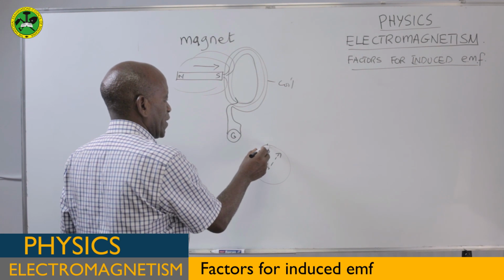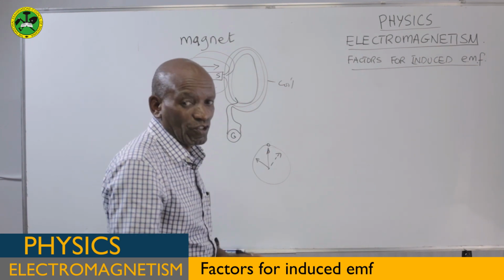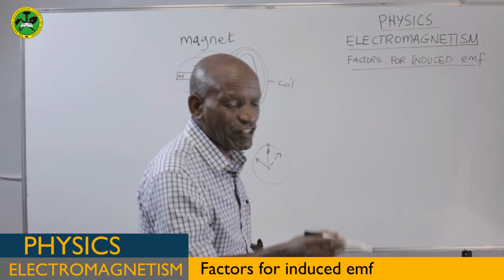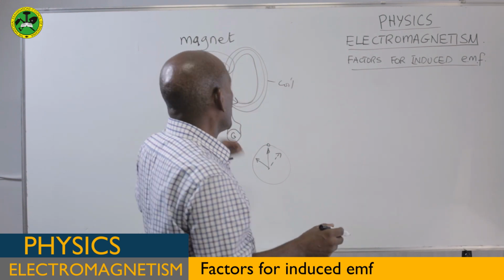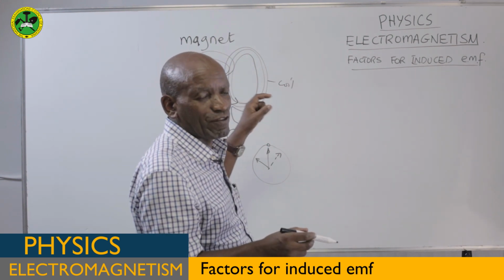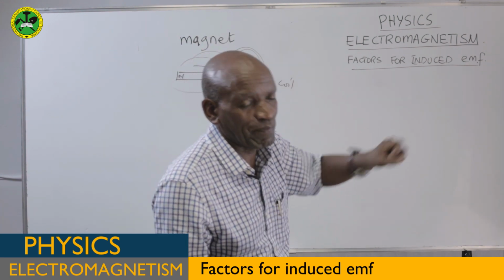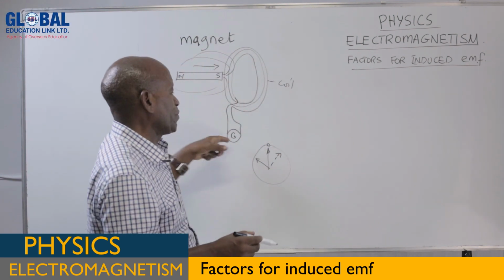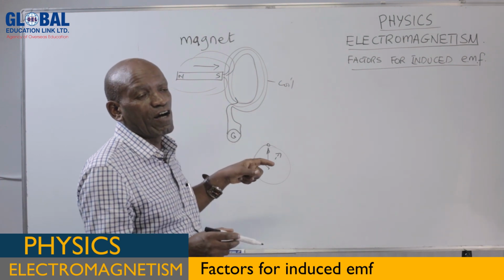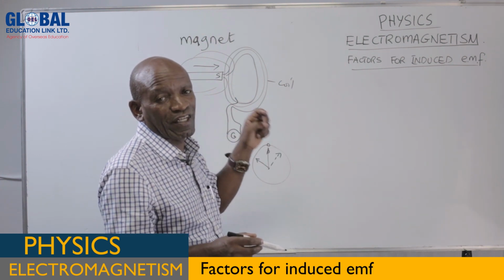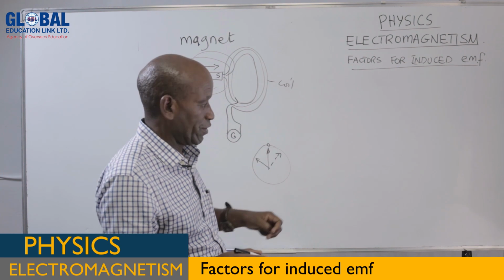Remember, this is a zero-centered galvanometer. So the current will flow in a direction depending on the interaction of the magnetic field produced by the magnet with the coil, which is connected to a galvanometer for detecting whether there is an induced EMF or not.